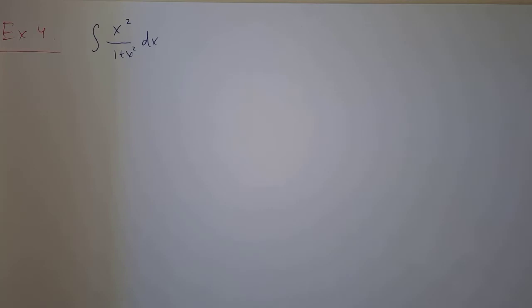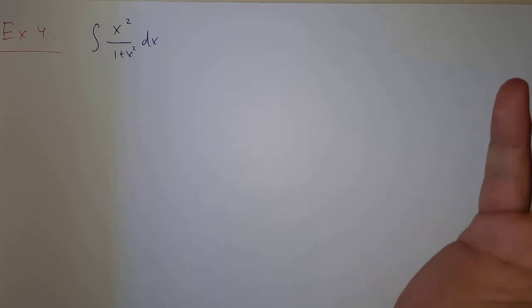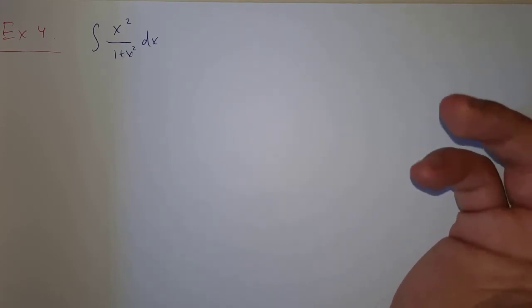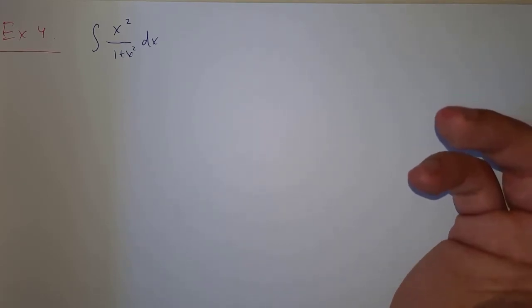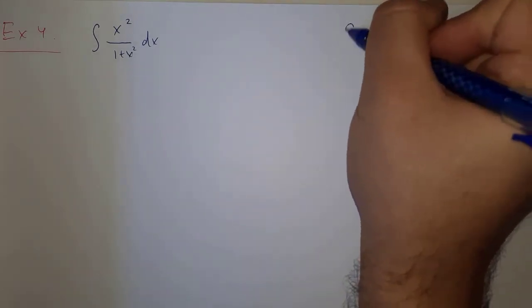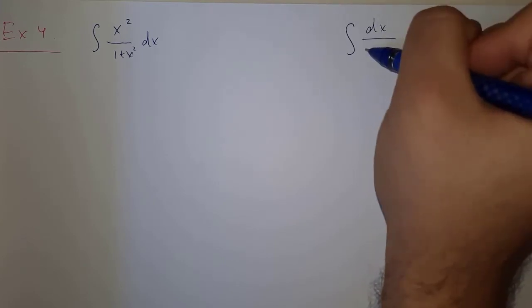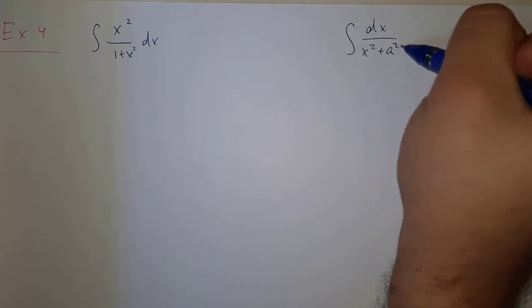And let's move to the next example. So the integral of x squared over 1 plus x squared dx. How to solve this example? So here, if you remember, we have the integral dx over x squared plus a squared.